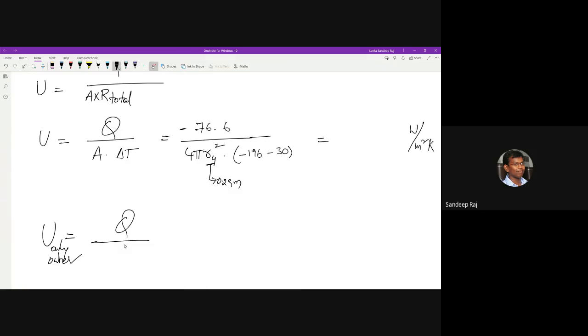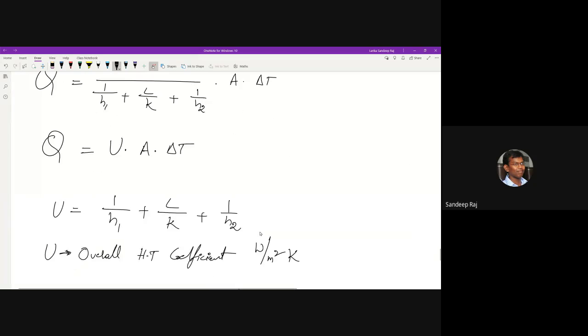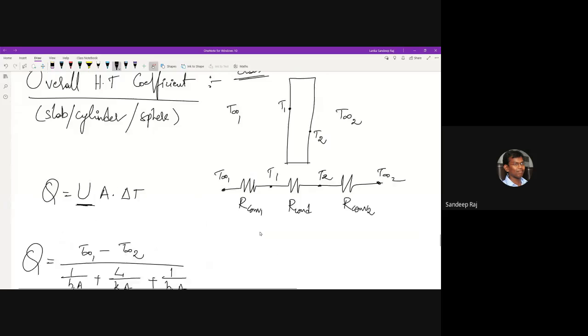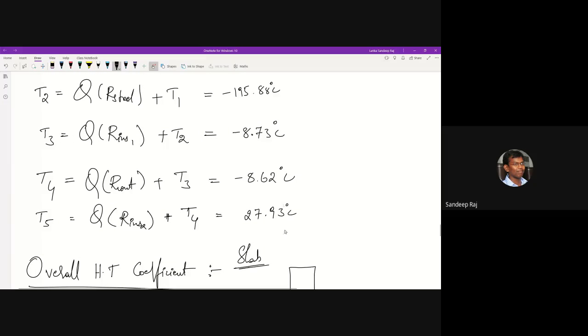only outer means Q by A into delta T will be like 76.6 by 4 pi into 0.29 whole square, into the value will be like minus 30, and the other value corresponding to this is 27.93.